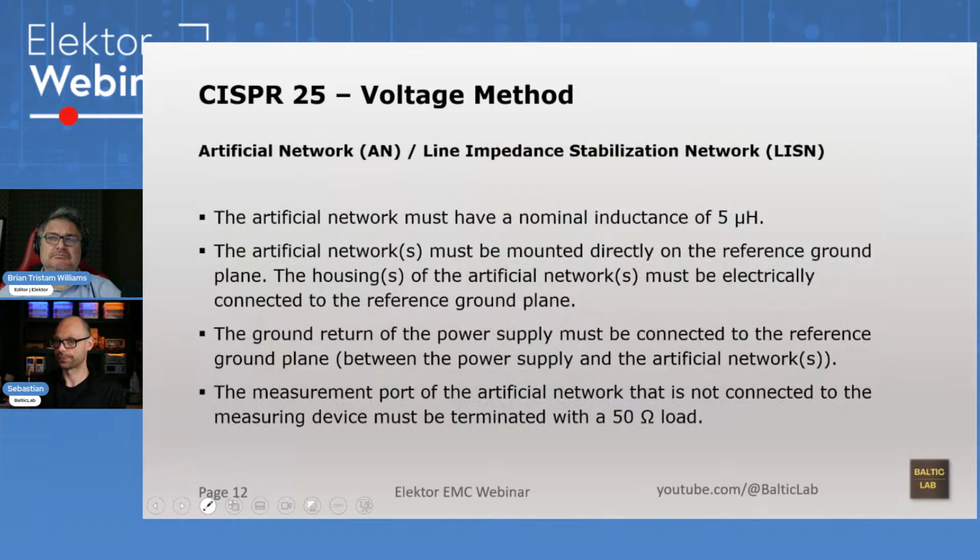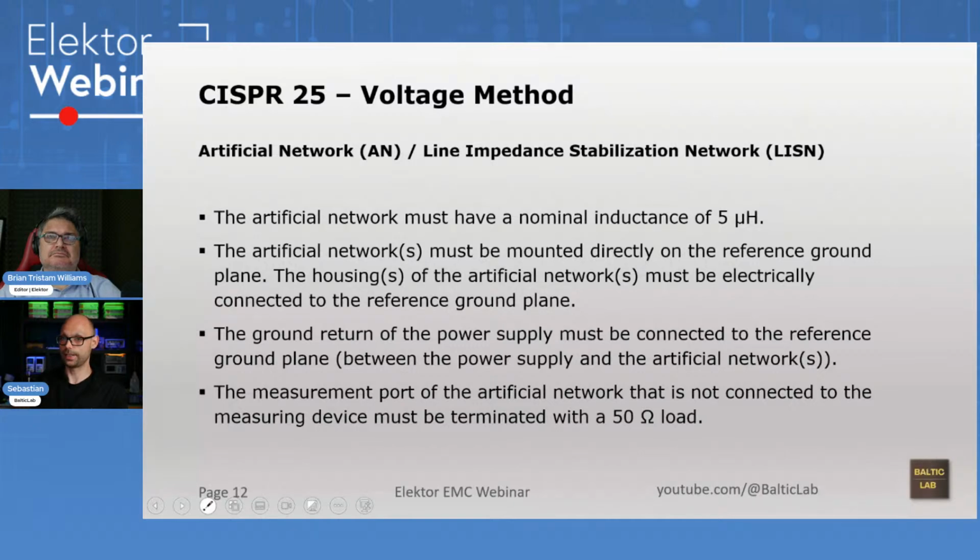Now the LISN that I've mentioned multiple times must have a nominal inductance of 5 microhenries. It must be mounted directly on the reference ground plane, and the housings of the artificial network, maybe I should add here, the standard calls it an artificial network. LISN is the more common term. It's the same thing.